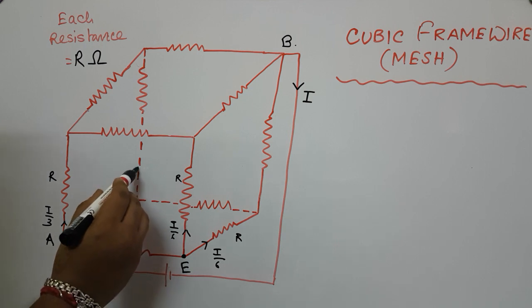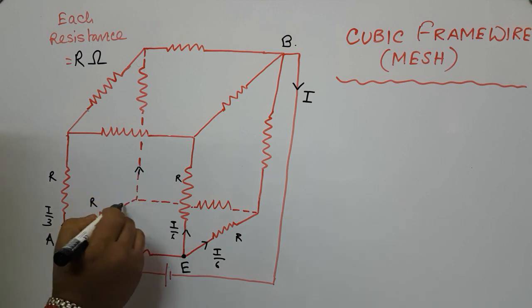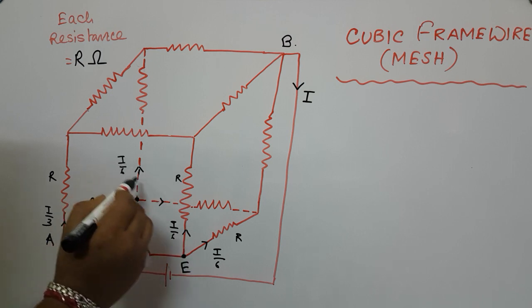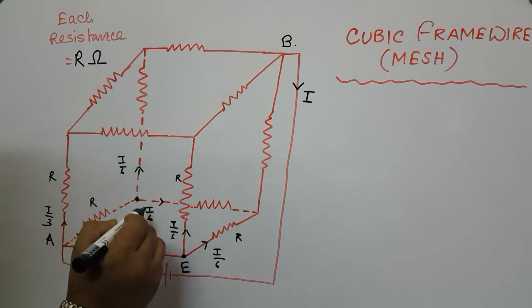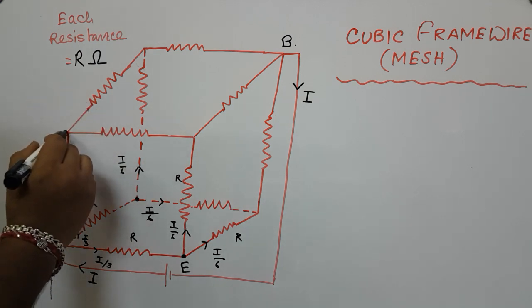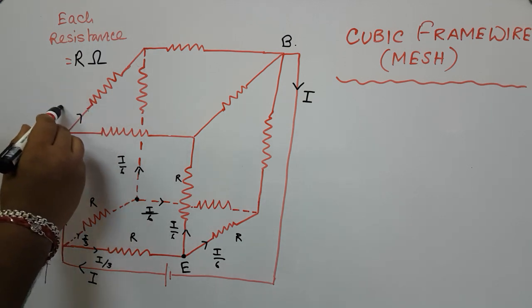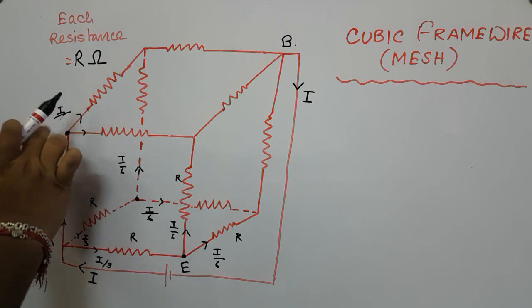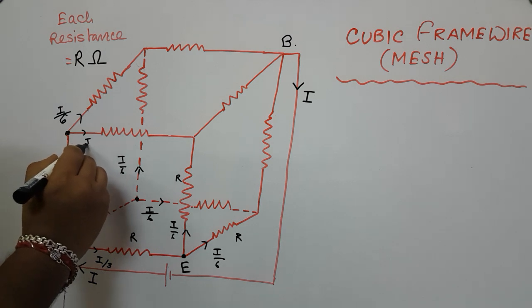Likewise here this I by 3 will divide into I by 6 and I by 6, and here also this I by 3 will divide into I by 6 and I by 6.